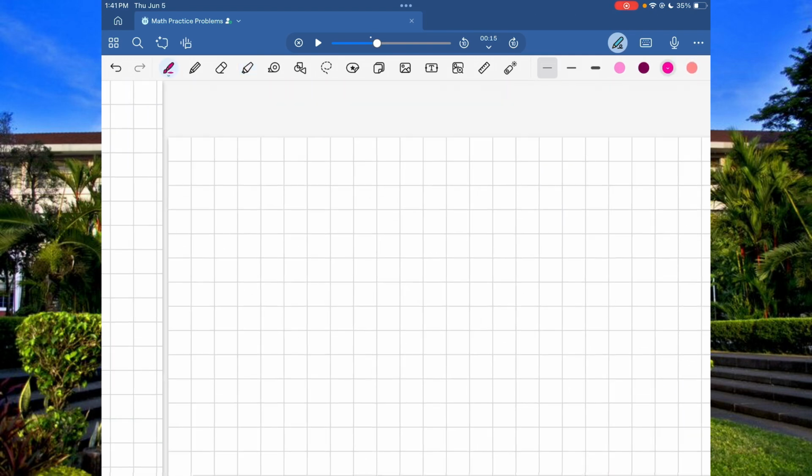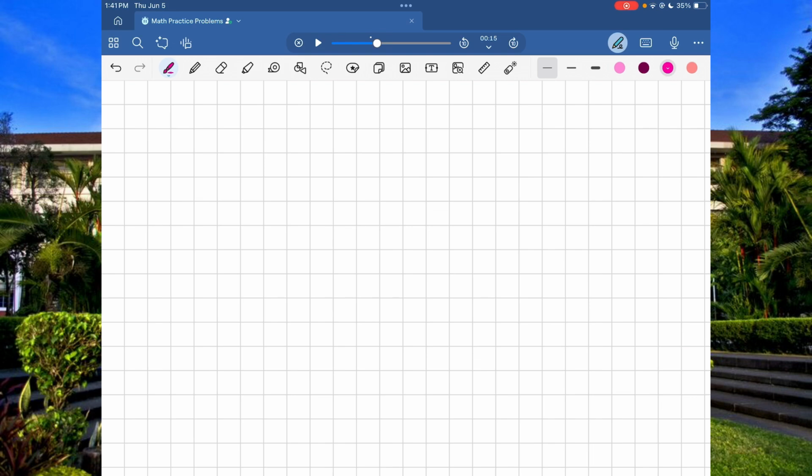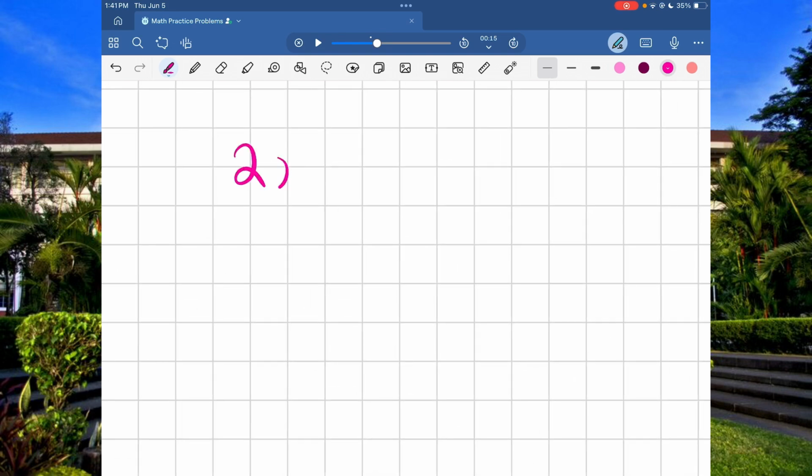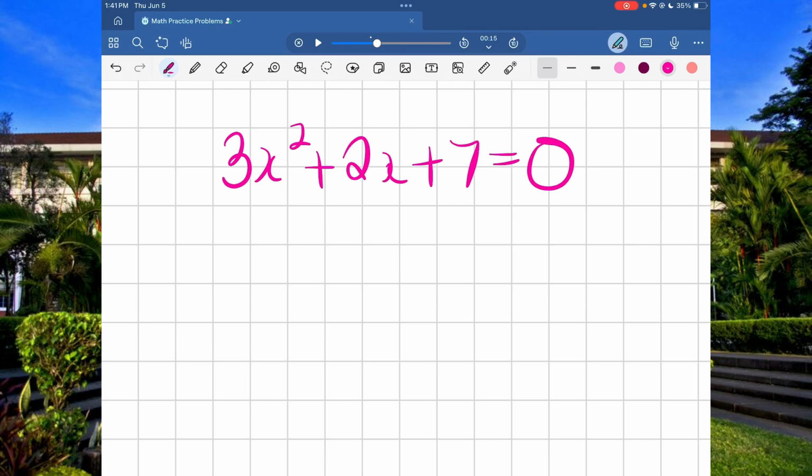One last problem. Oh my god, this is the last. So we will proceed to the intermediate ones. We have 3x squared plus 2x plus 7 is equal to 0.